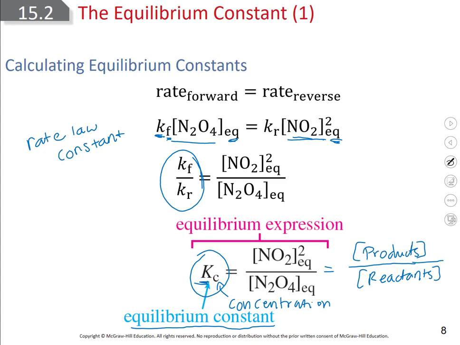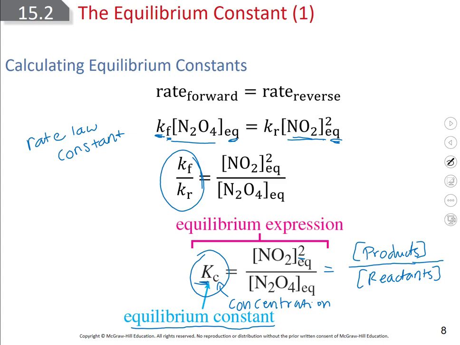Now, why do you think there's a little 2 right there? There's a square. Where do you think that came from? Good, the coefficient from the stoichiometry. It's the coefficient from your equation.